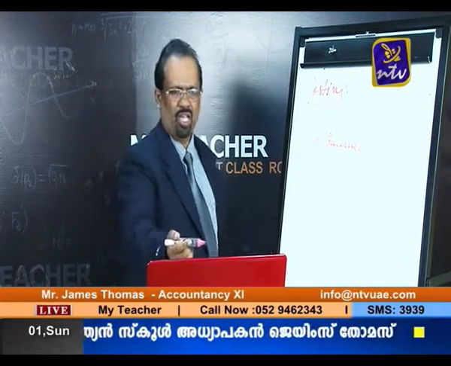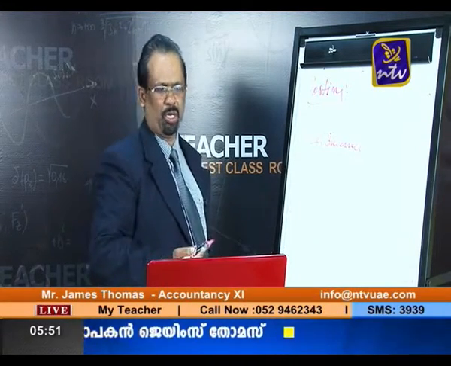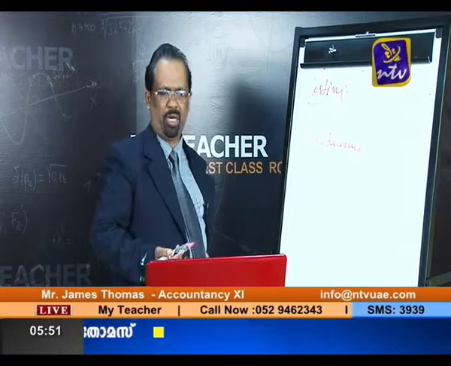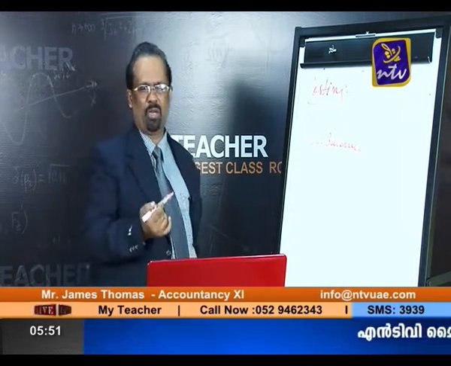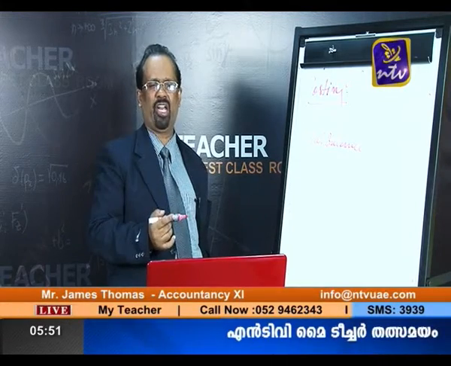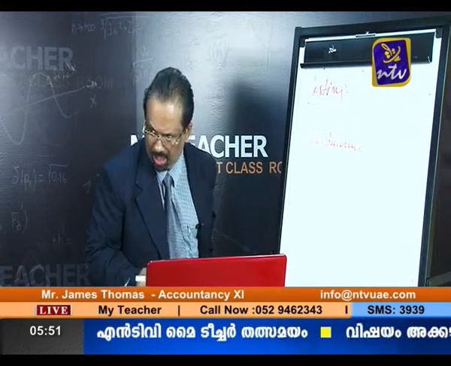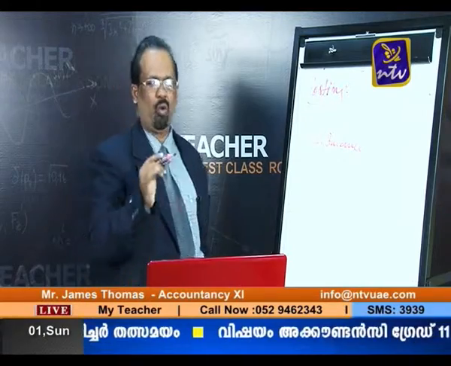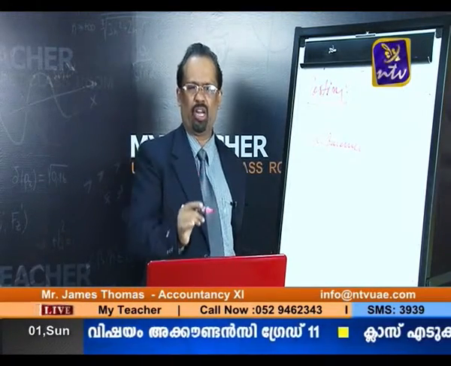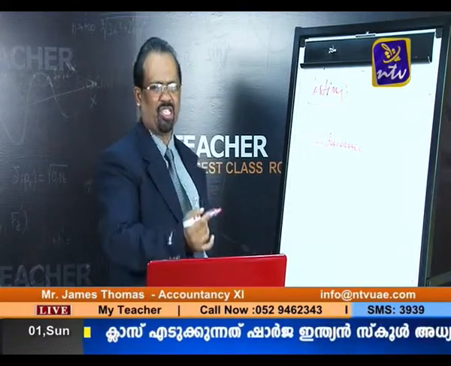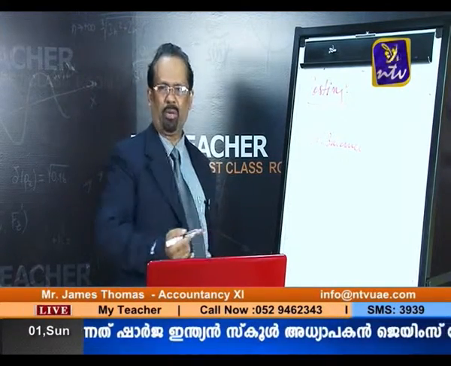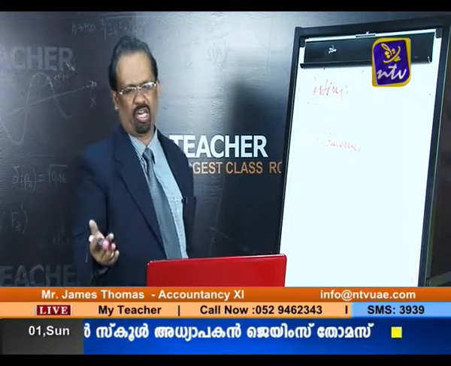Here, cash shows a debit balance, plant and machinery shows a debit balance, and the bank account also shows a debit balance. All liabilities show a credit balance, all expenses show a debit balance, and all incomes show a credit balance. Cash shows a debit balance and capital shows a credit balance.